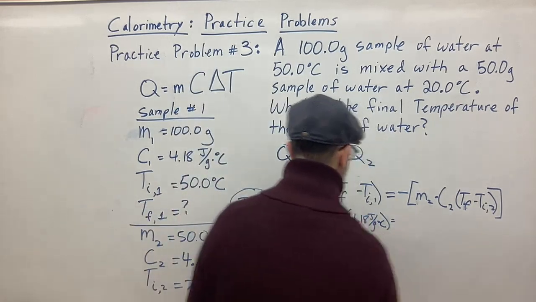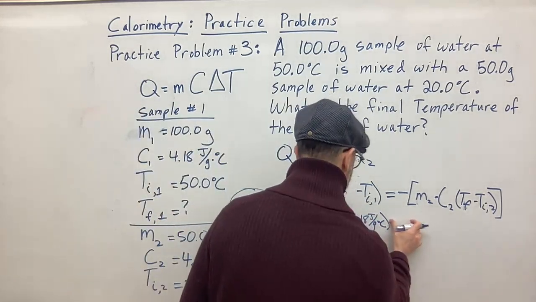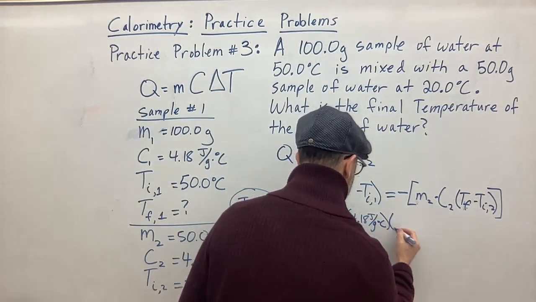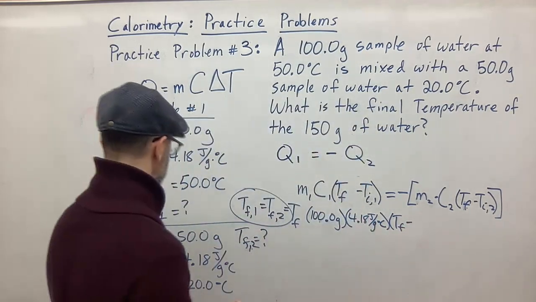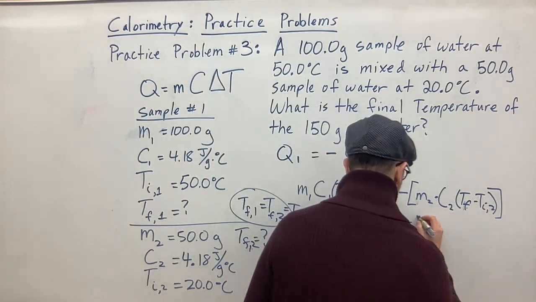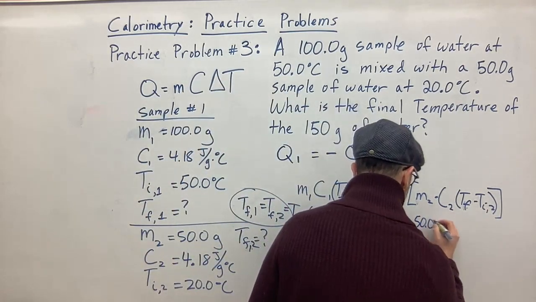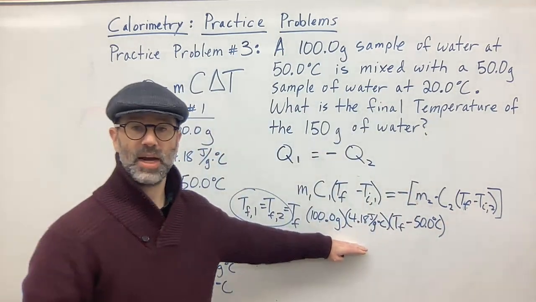And then we have our final temperature, which is what we're trying to find. Oops, I forgot to multiply. So multiplied by TF, which is what we don't know, minus the initial temperature, which is 50.0 degrees Celsius. So that's one side of the equation.